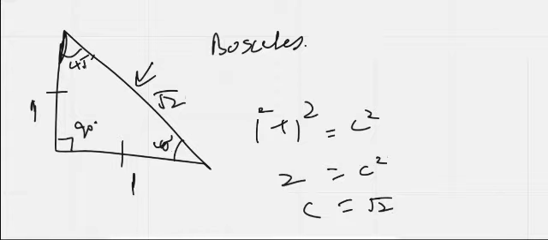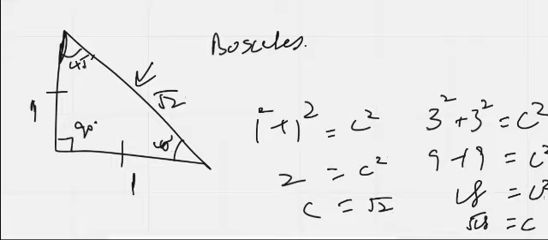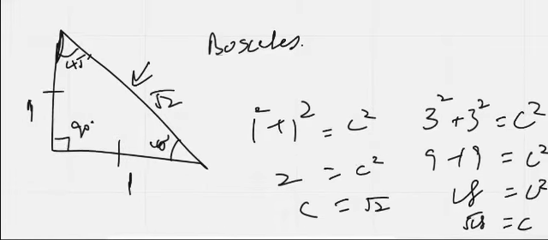Let's say I have 3 squared plus 3 squared equals c squared. 3 squared plus 3 squared is 9 plus 9, which is 18, so c squared is 18, and c will be the square root of 18.